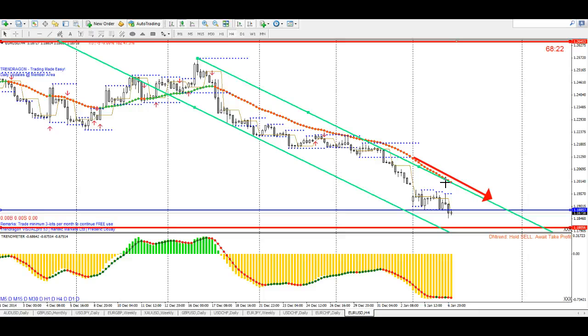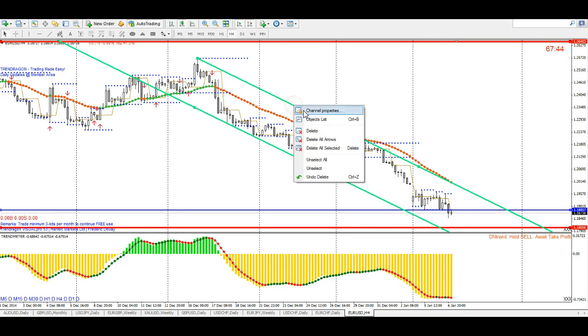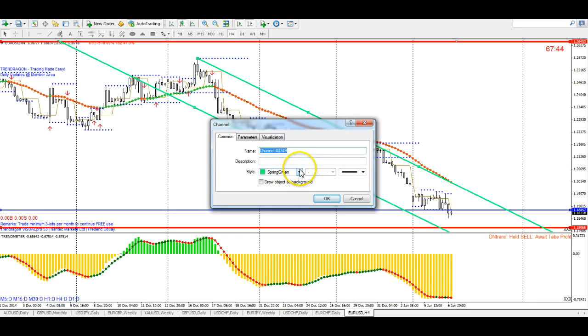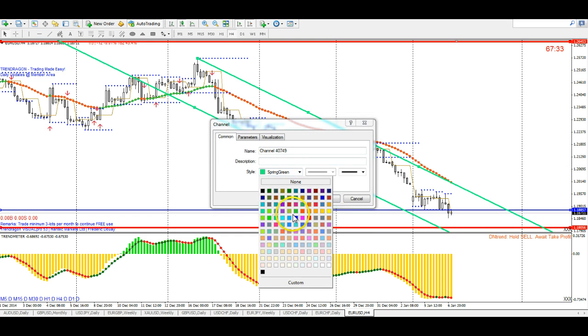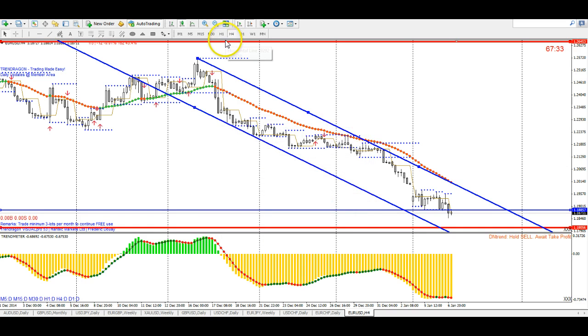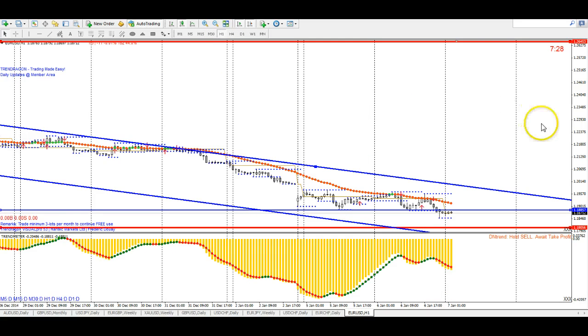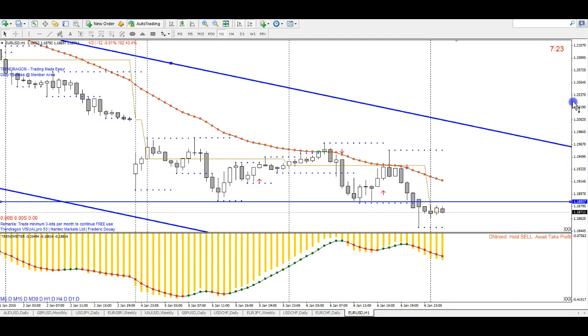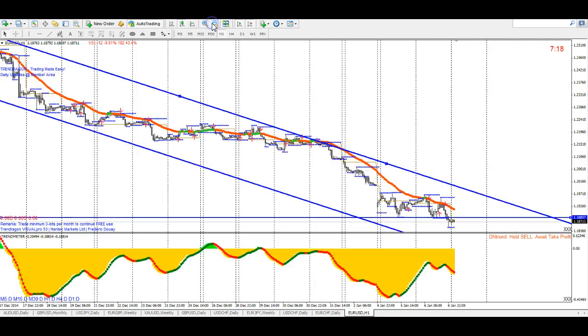So based on that, we can go and look at the hourly, and I'm going to change the color of that channel, put it back into blue because it's a bit nicer, and we go from there. So on the hourly, let's see what kind of analysis we can get.